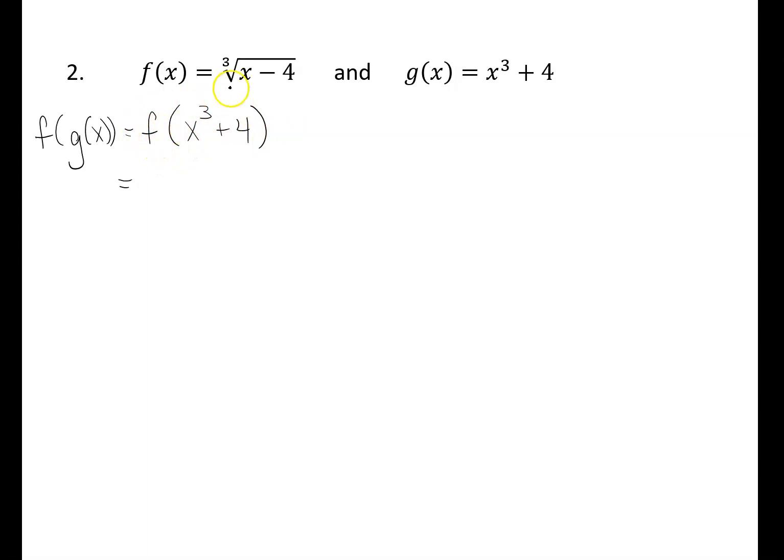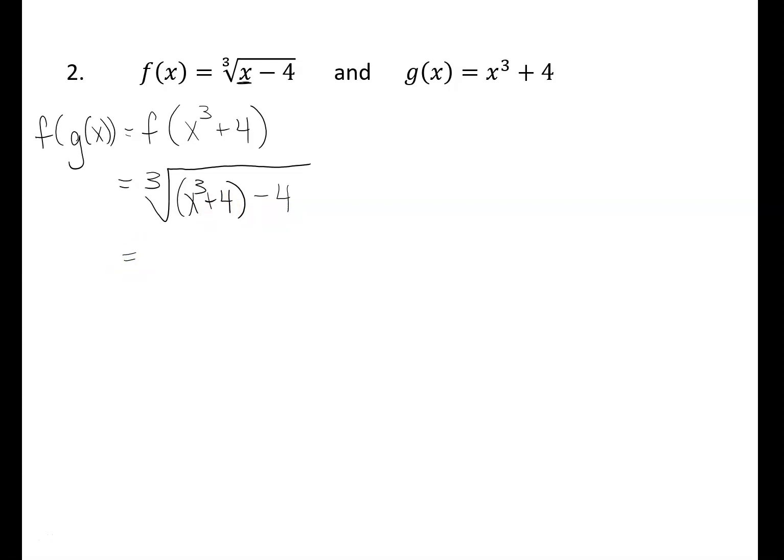It's telling me to look at f, and when I look at f, I see a radical, a cube root, so I need to write that down. And inside the radical, I have x first. That's where I'm going to place my x cubed plus 4. All of that is in place of this x. And now I still need a minus 4 under the radical.